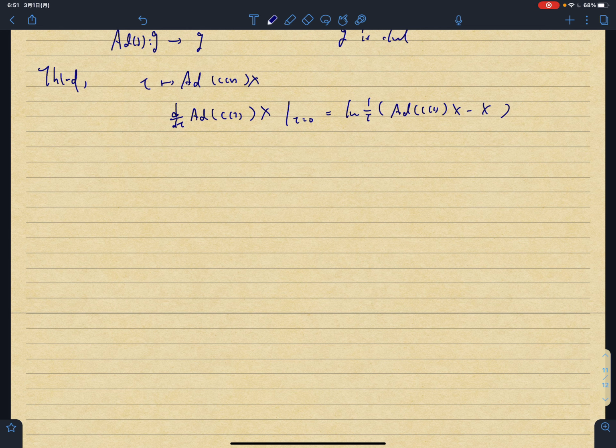The left side equals the right side in passing to the limit, since z is a relative subspace.